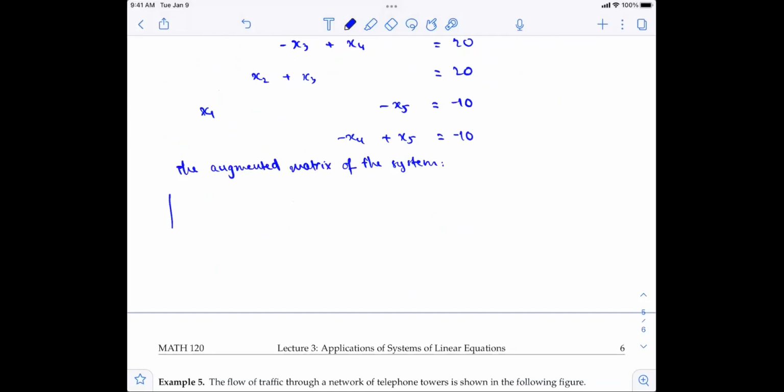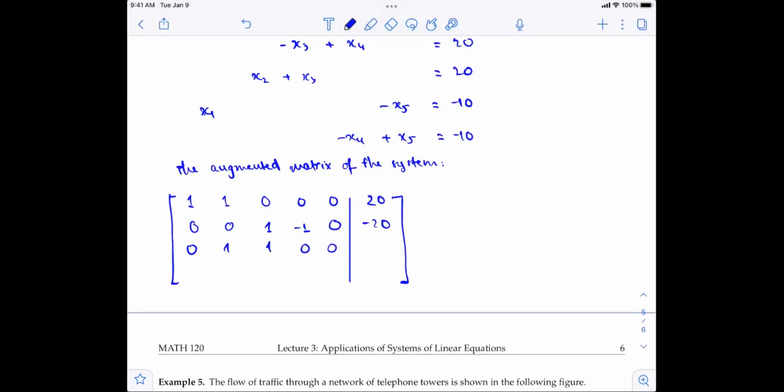This is the augmented matrix of the form 1, 1, 0, 0, 0, 20; 0, 0, 1, negative 1, 0, negative 20; 0, 1, 1, 0, 0, 20; 1, 0, 0, 0, negative 1, negative 10.